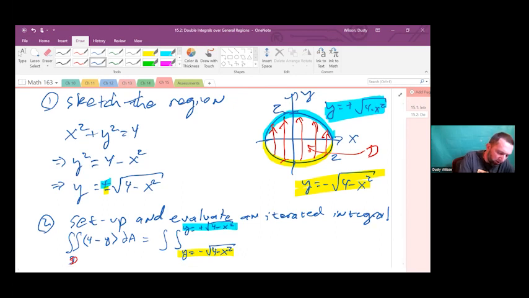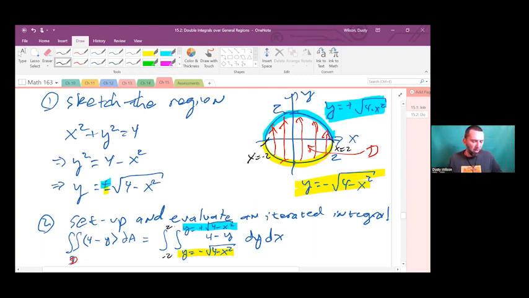And our integrand is going to be 4 minus y. We're going to go dy because our red arrows are parallel to the y-axis. And then dx. And notice that our leftmost arrow hits at x equals negative 2, and our rightmost arrow hits at x equals 2.